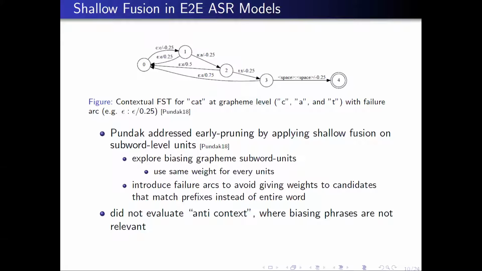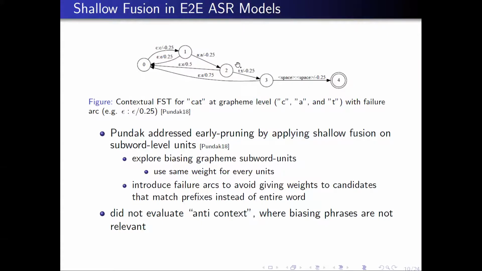The figure shows a contextual FST for the word cat. Kannan used grapheme subword units such as C, A, and T for cat. They also use the same weight for these units.